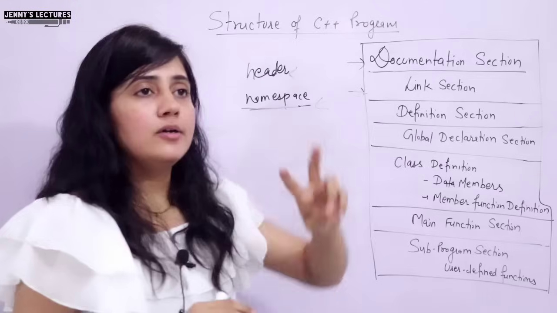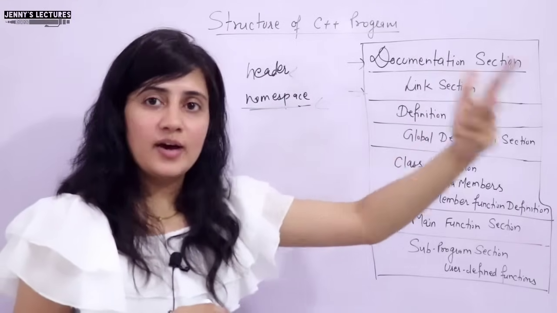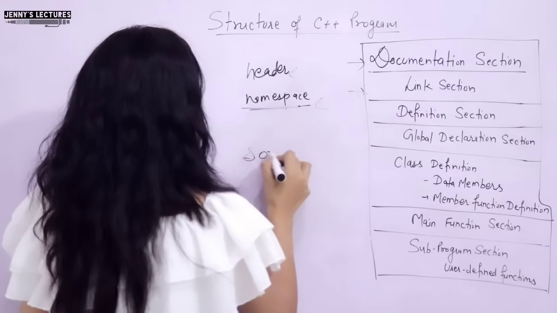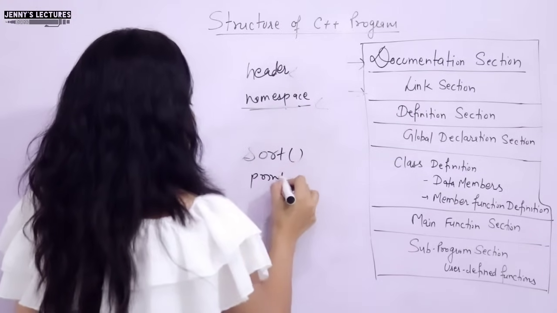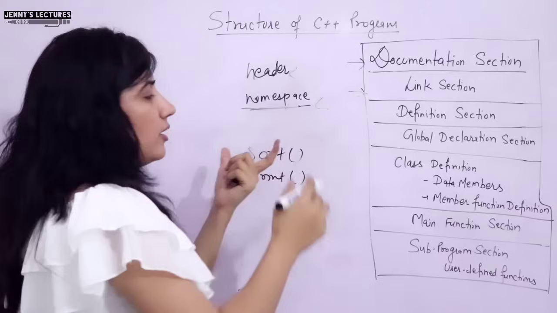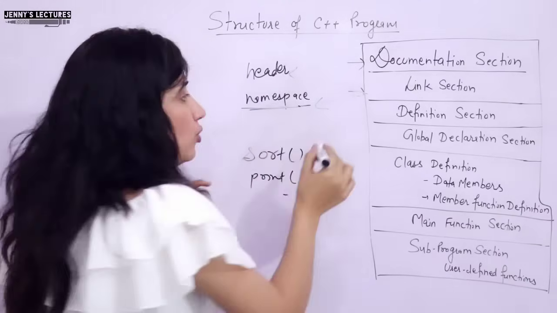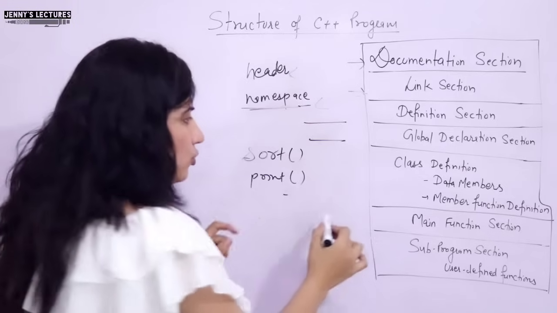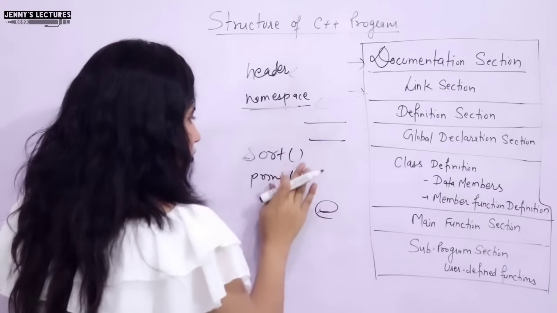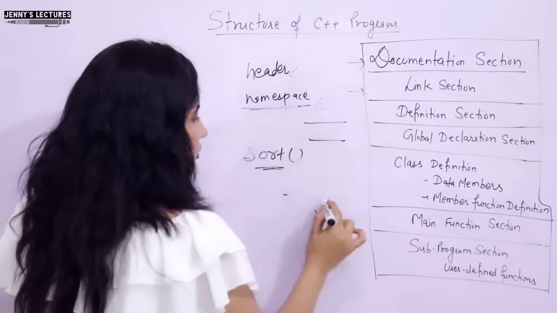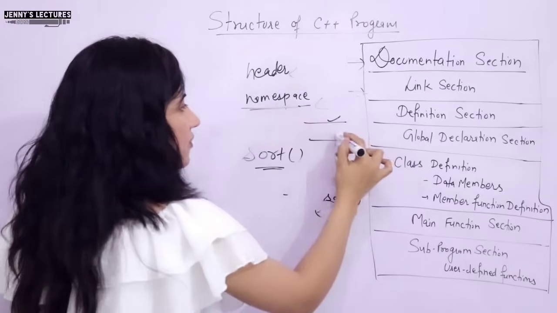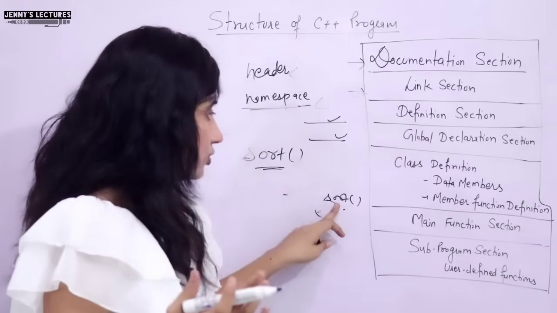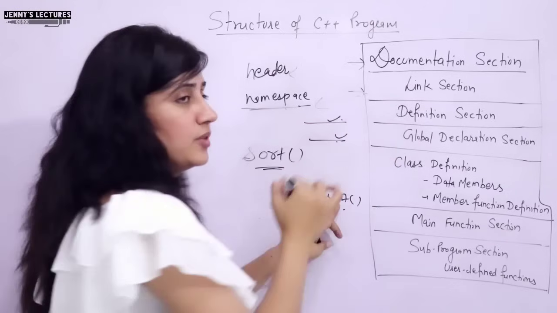Suppose in two library files we have the same function name, say sort or print, any function, and you have included both the header files in your program. Now whenever you call sort in your program, and this function is in this header file also and this header file also, then the compiler is going to get confused about which function to call, from this or from this.